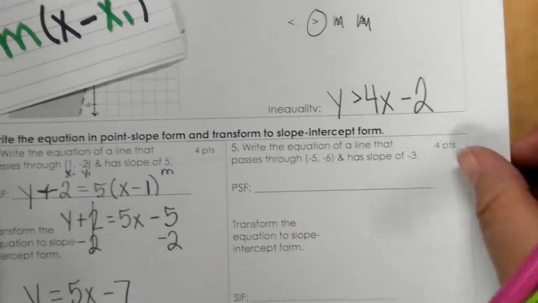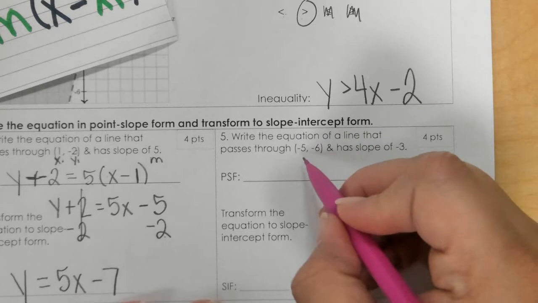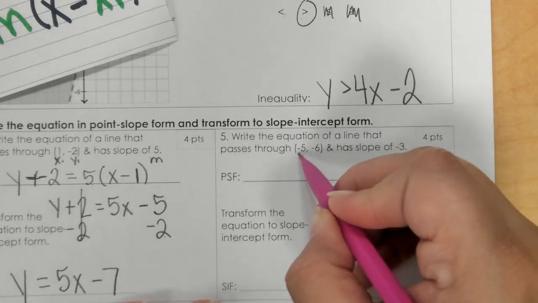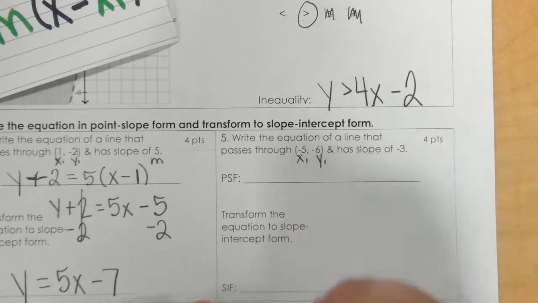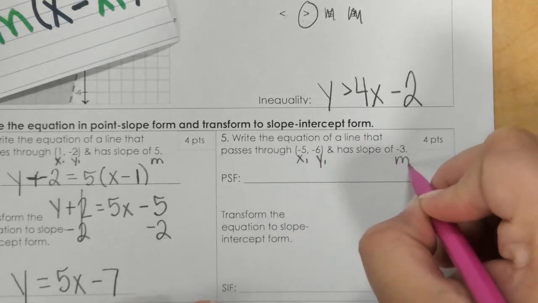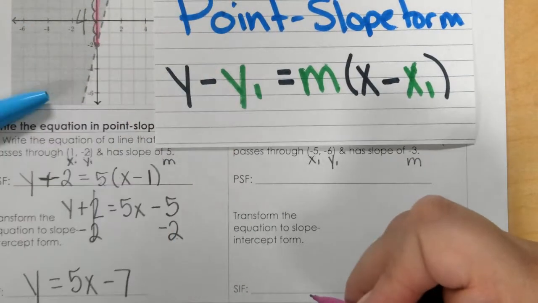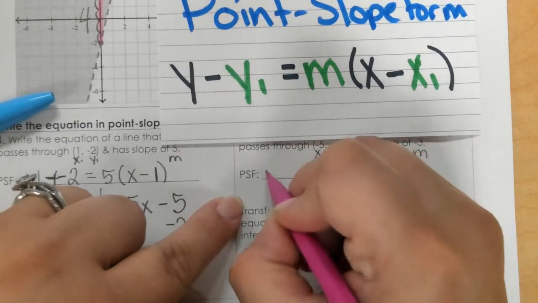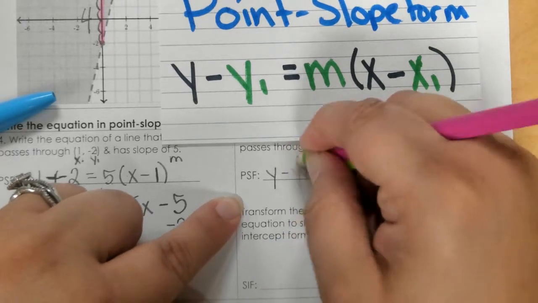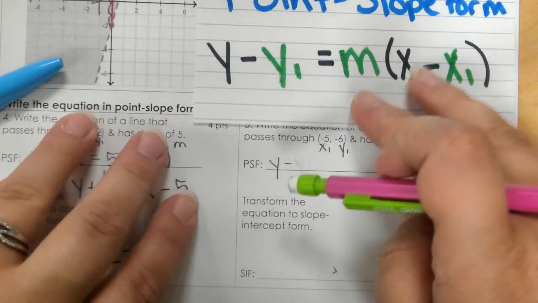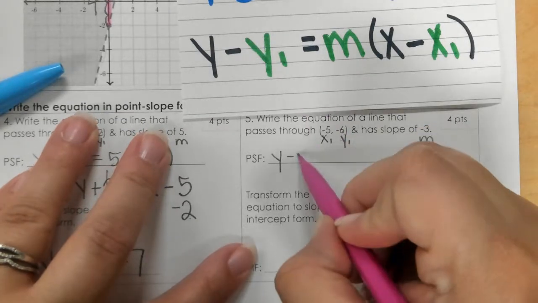Okay, last example. Again, I want to label these points here. So I've got x1, y1, and slope is m. I can use this formula to help me. So y minus y1, but y1 is -6.